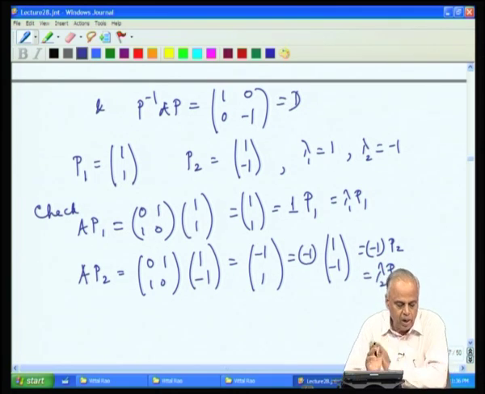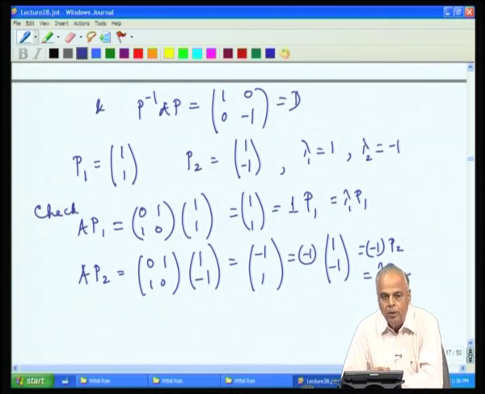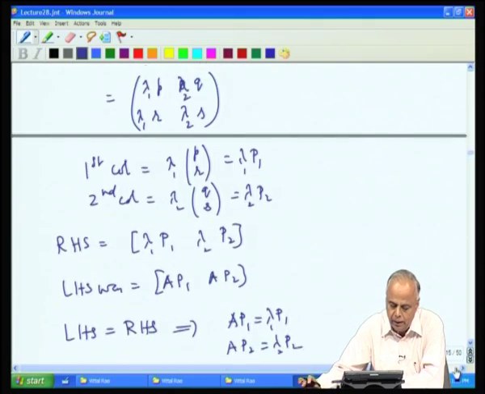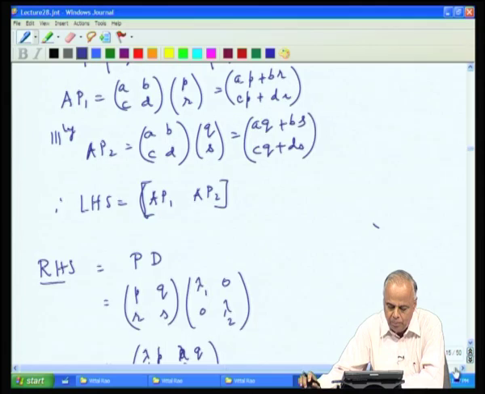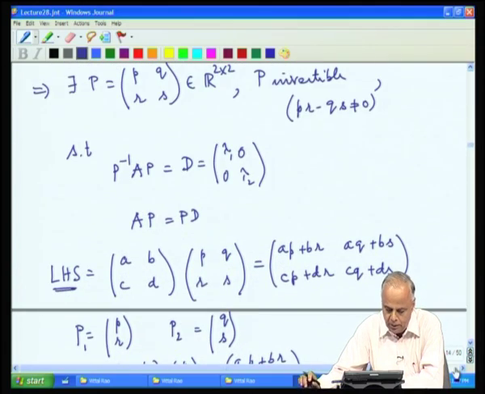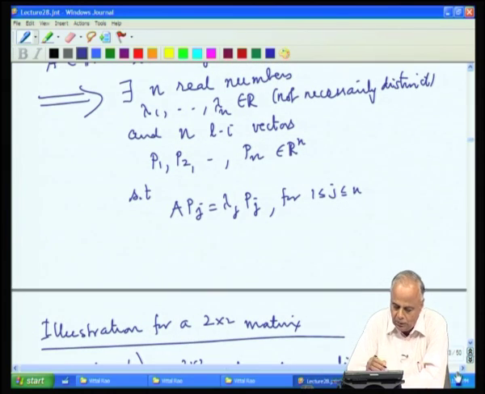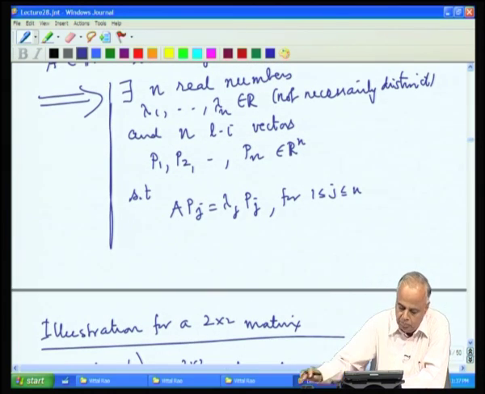So, whenever you have diagonalizability, you are assured of these n numbers lambda 1, lambda 2, up to lambda n, and n linearly independent vectors P1, P2, up to Pn such that APj is equal to lambda j Pj. This is the important thing.